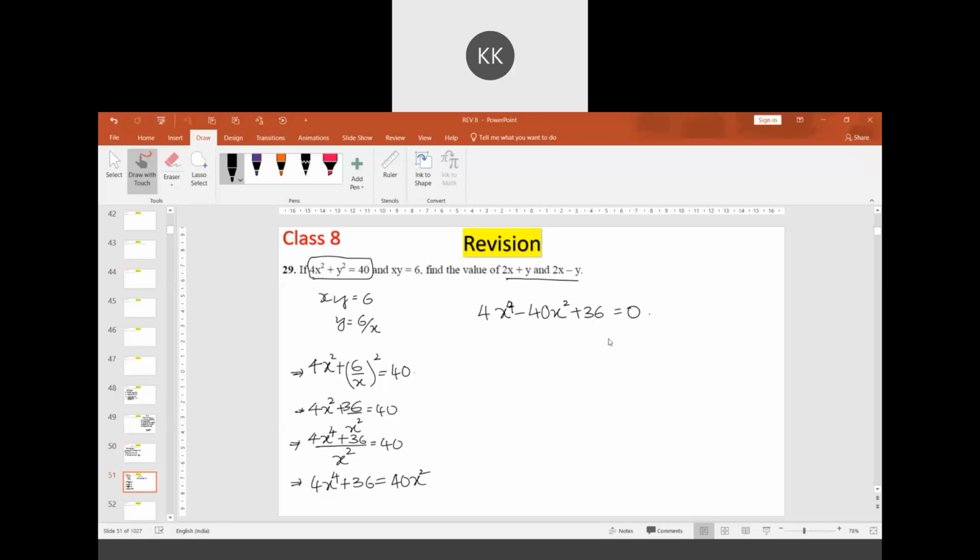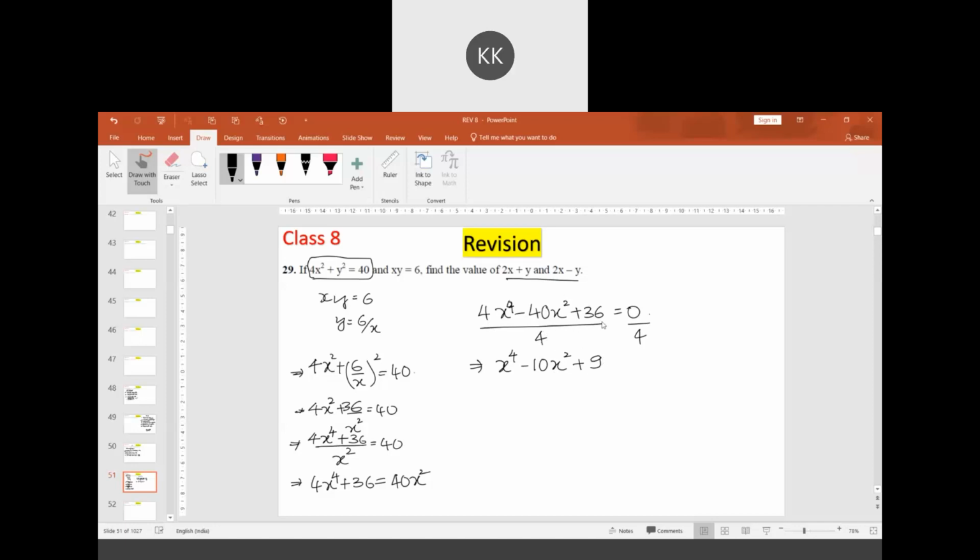So we have got an equation. Now certain things we can do. We can divide both sides by 4. If we divide by 4, this 4 goes off. We get x to the power 4 minus 10x square plus 9.